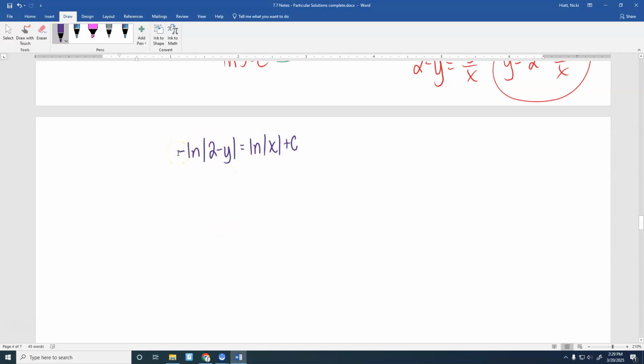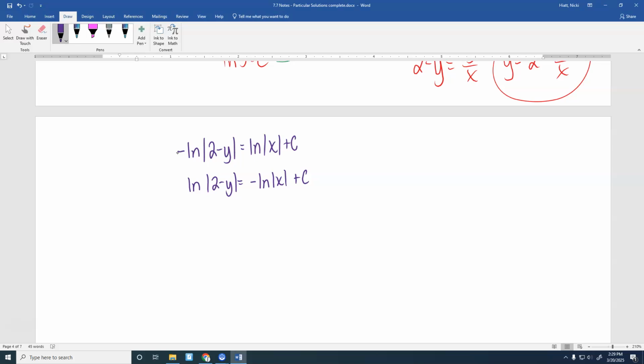It is a problem if you've got that negative right there. So, it's still going to be a little bit of a problem, but I would divide it off. So, I'd have natural log of the absolute value of 2 minus y equals negative natural log absolute value of x plus c.